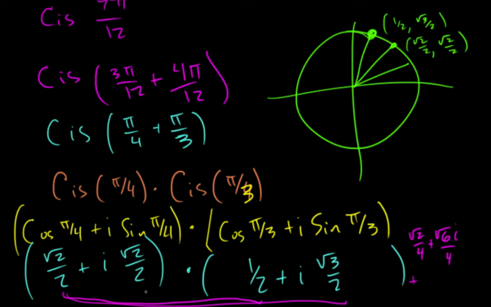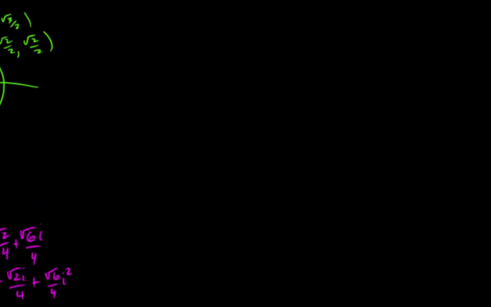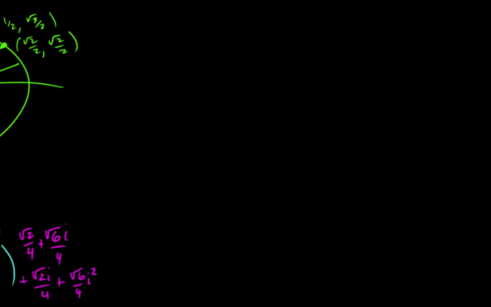And if we do this times this, we get square root of 2i over 4. If we do this times this, we get square root of 6 over 4 i squared. Alright, so we just need to combine those. Remember that i squared is negative 1, so we're just going to change the sign right there and get rid of the i squared.